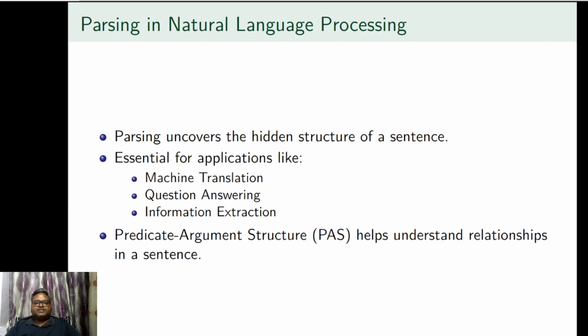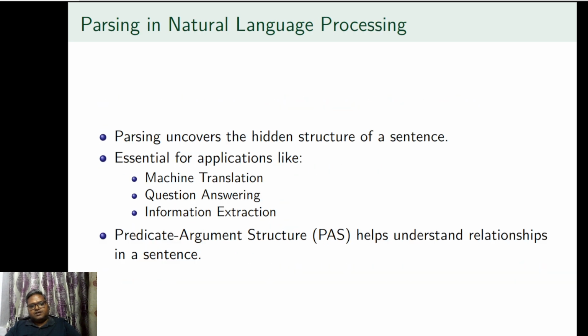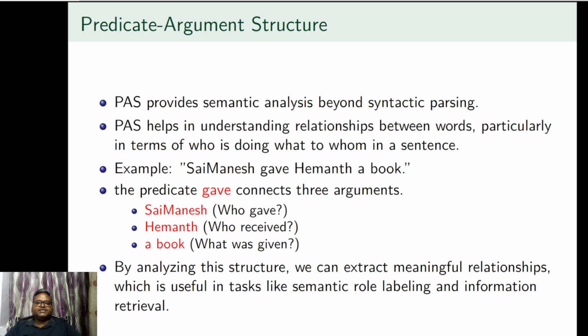So you know that parsing is very, very important in machine translation, question answering, information extraction, even in sentiment analysis, because in sentiment analysis also you have to understand the meaning of the sentence. So generally in every sentence, to understand it, we can write the sentence in predicate argument structure. Predicate is the verb or the key.